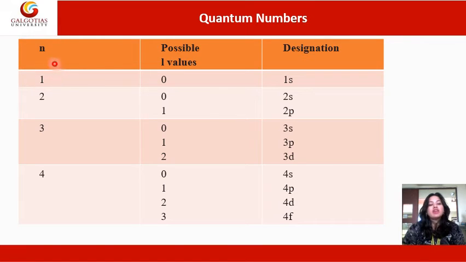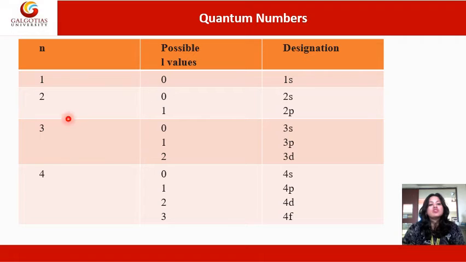If the value of n is 1, the possible L value is 0 and the designation is 1s. If n is equal to 2, there are two possible L values, that is 0 and 1, and designations are 2s and 2p.